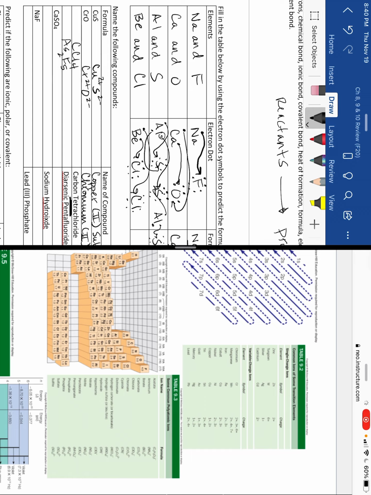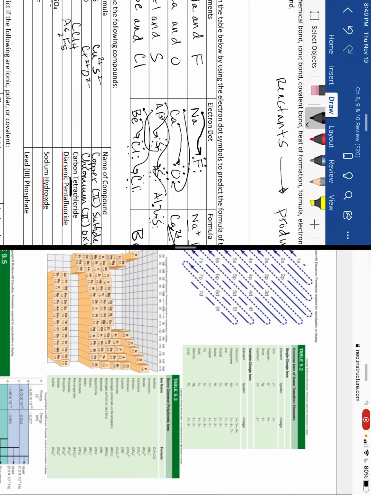Okay, then I threw another type of situation where if you count the total elements here, you see that you have 3. Well, that should tell you that you're dealing with something over here in table 9.3, the polyatomic ions. So when you go to name this one, it will be calcium. You just name the metal, and then you look over here on the polyatomic ion table, and that SO4 is sulfate.